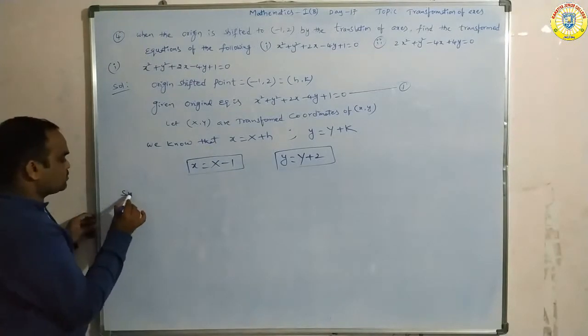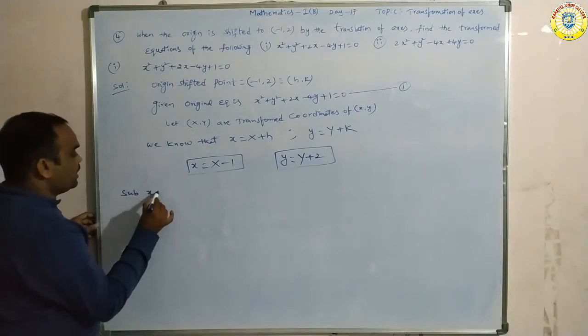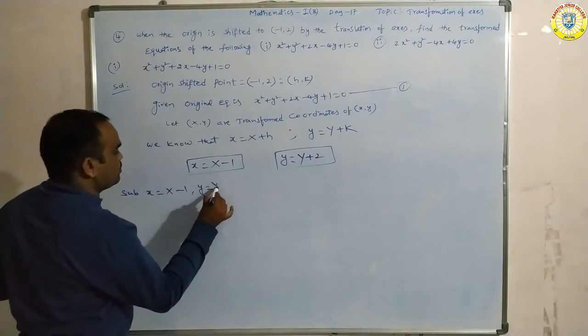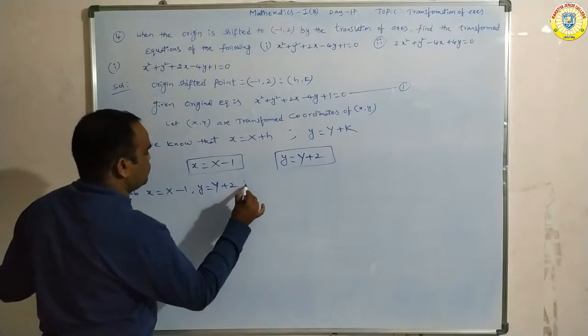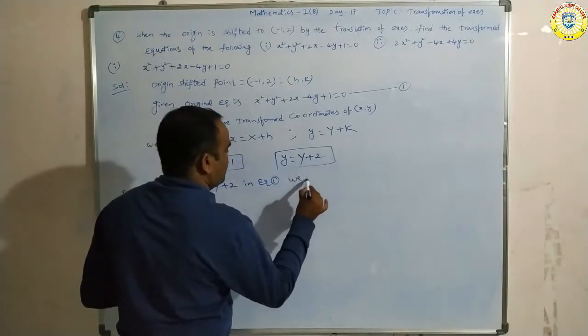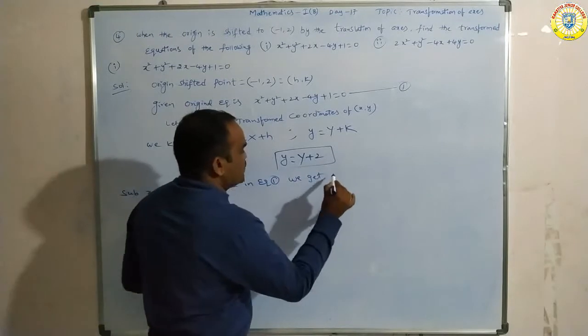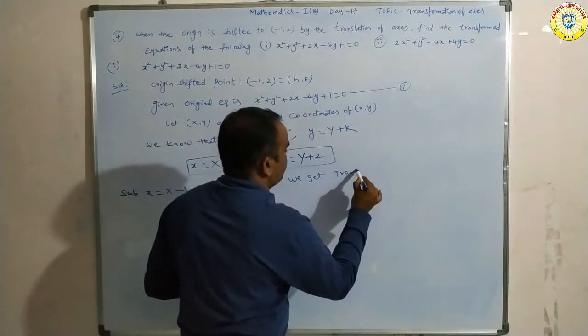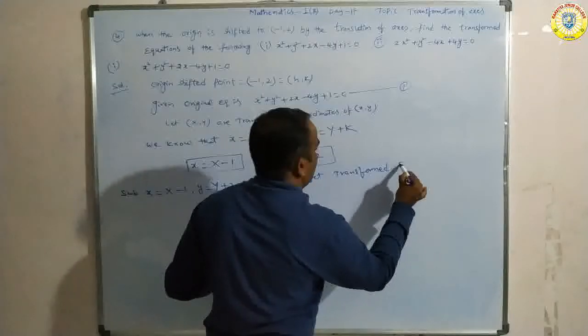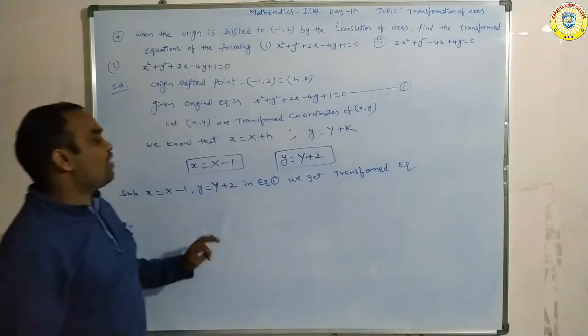Understand? Here we substitute small x is equal to capital X minus 1, small y is equal to capital Y plus 2 in equation 1, and we get the transformed equation. What are the transformed variables?